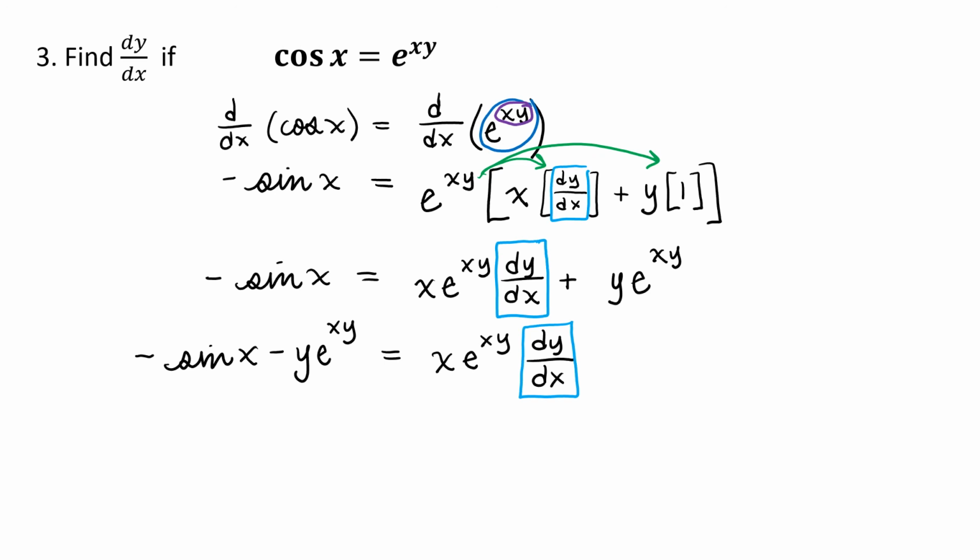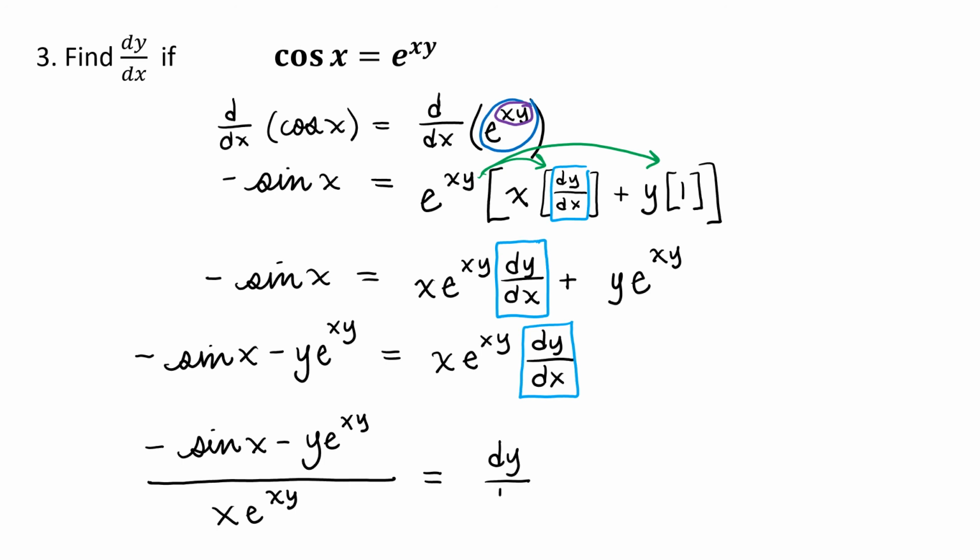And now that's x e to the xy times dy dx, so I can divide both sides by x e to the xy. So I have negative sine of x minus y e to the xy all over x e to the xy is equal to dy dx. And I've solved for my derivative.